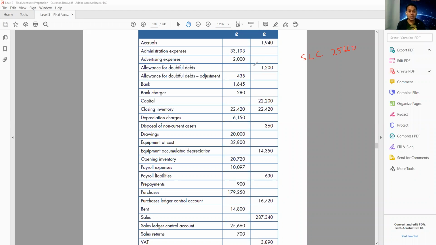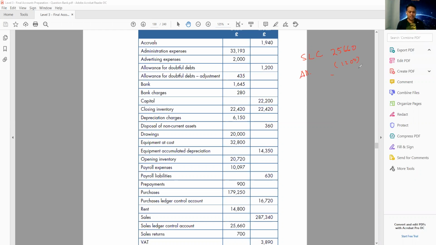And remember, allowance for doubtful debt adjustment is relevant to the income statement or profit and loss account, not to the balance sheet or statement of financial position. So from here, we minus allowance for doubtful debt, that is 1,200.